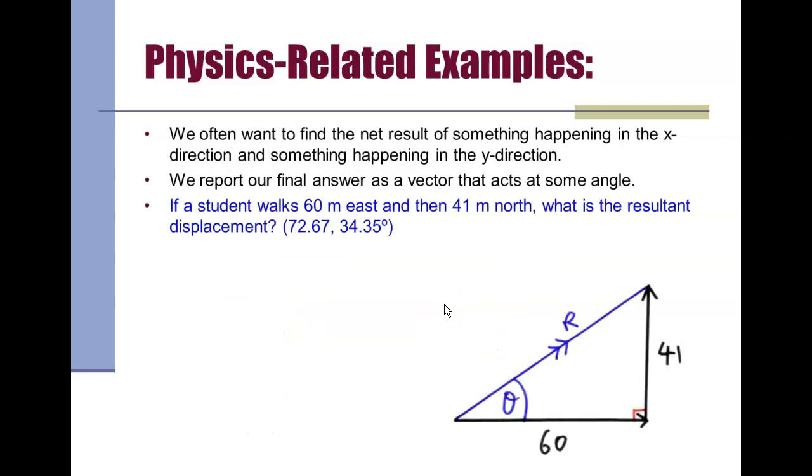Another physics example. It says we often want to find the net result of something happening in the x and something happening in the y direction. For example, we might have a student who walks 60 meters east and then walks 41 meters north. And then we could say, what is the distance traveled? Well, that would be 60 plus 41, that's 101. But what is his displacement?